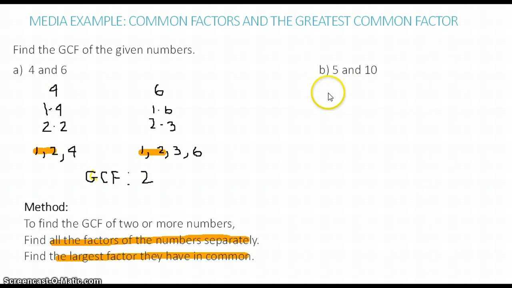Let's look at the next example, 5 and 10. Well, 5 is a prime number. The only way to factor 5 is 1 times 5. So its factors are 1 and 5. And 10 can be factored as 1 times 10, 2 times 5.